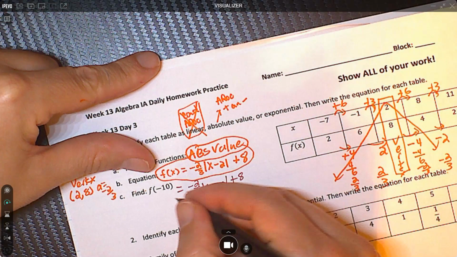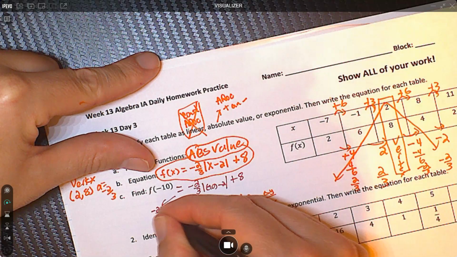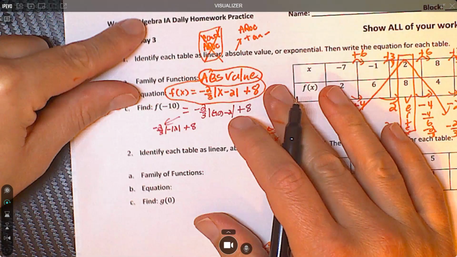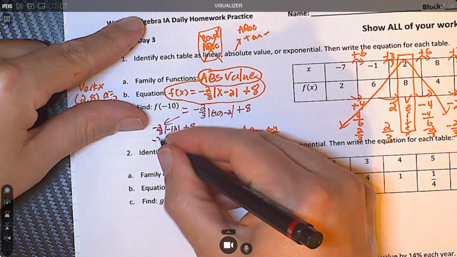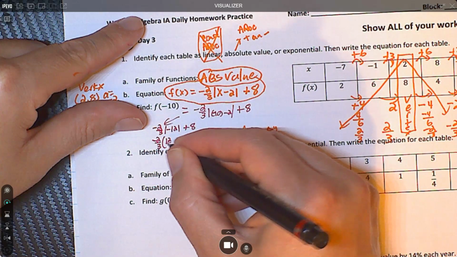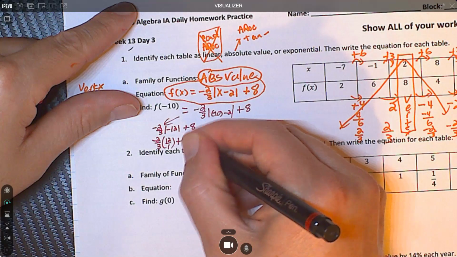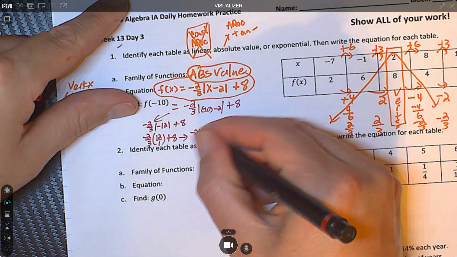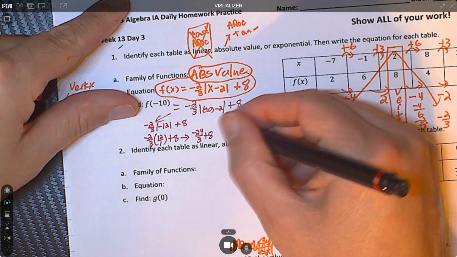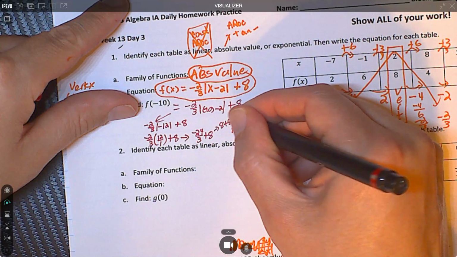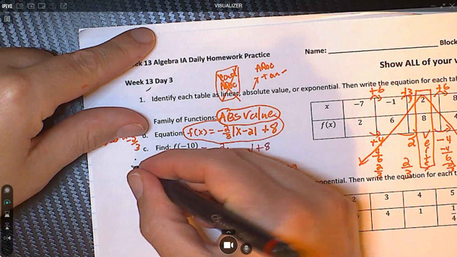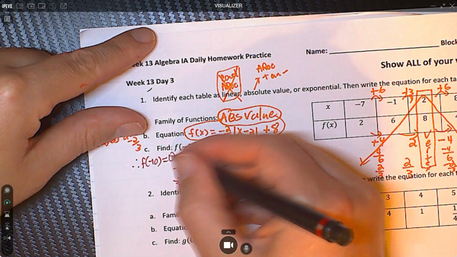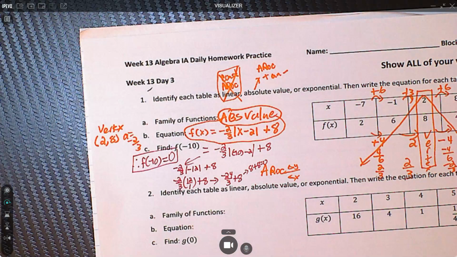So this way. All right. The absolute value of negative 12 is 12, and you got to multiply them. So that gives you negative 24 over 3 plus 8. So therefore, f of negative 10 is 0. That's an x-intercept.